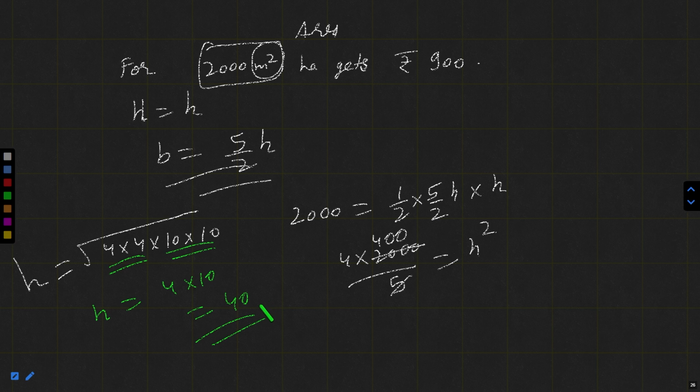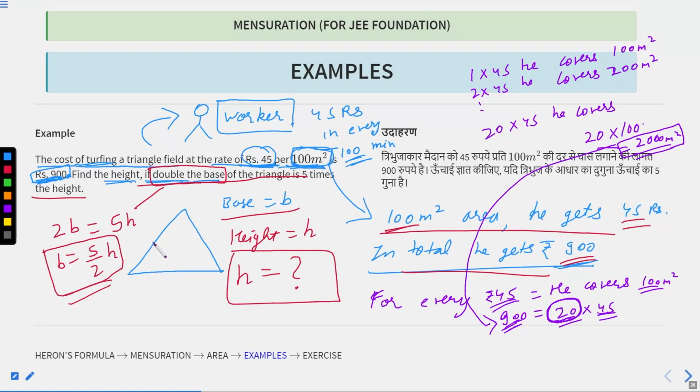So height is 40 meter, and base is, if I know the height, which is 40, cancelling this will give me 20 and 100. So base is 100. I hope the solution is clear to you.